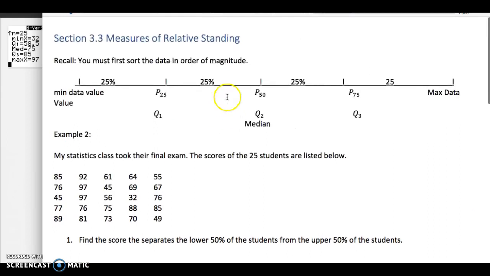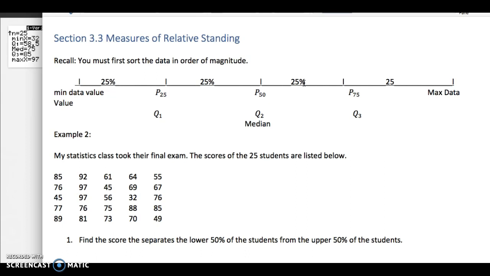So here's 25%, here's 25%. So the middle most 50% is the values between the 25th percentile and the 75th percentile. So we're looking for the range of the middle most 50% of the data values.